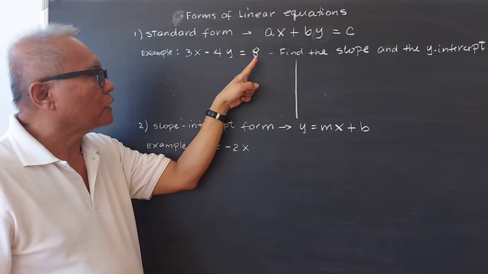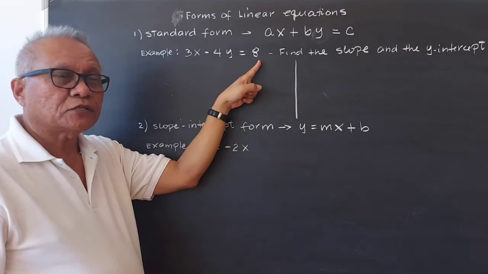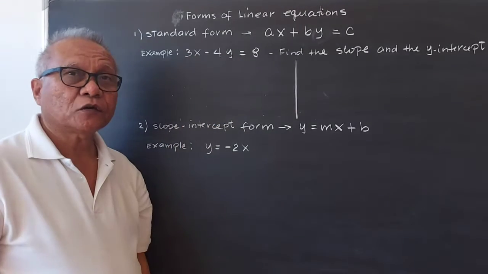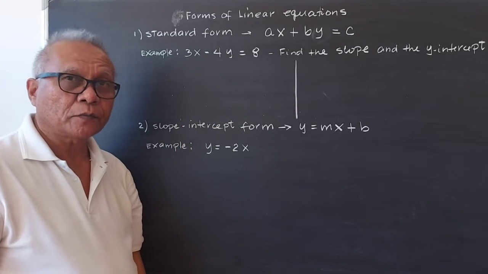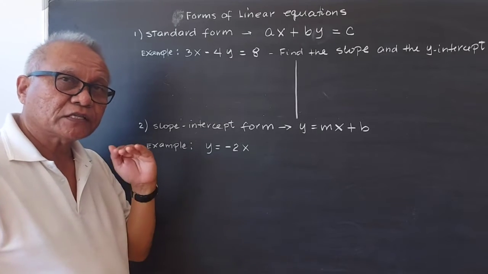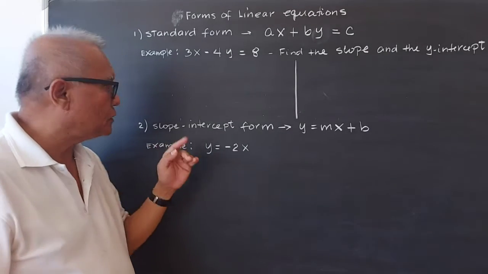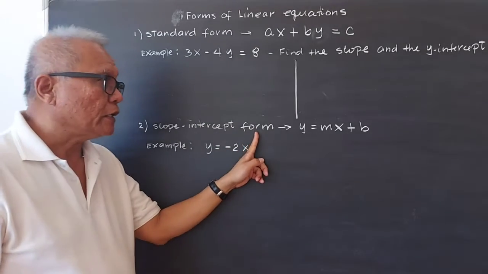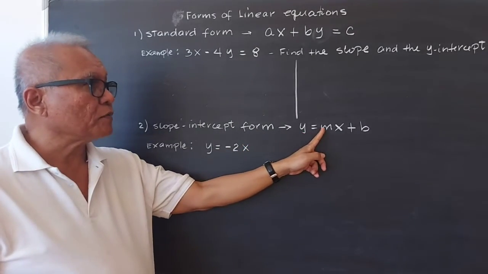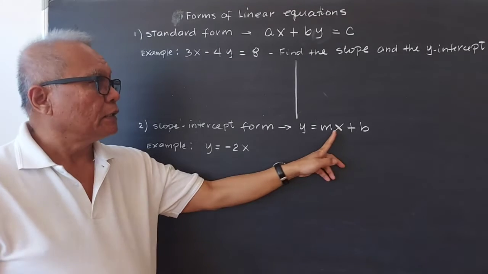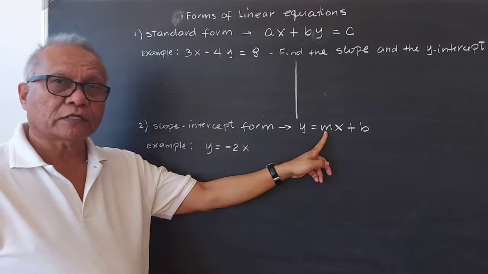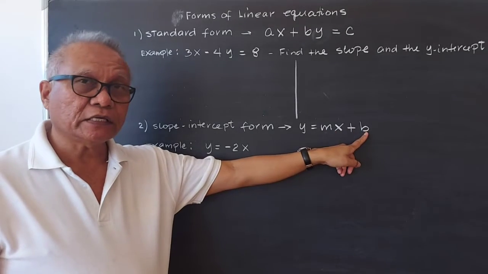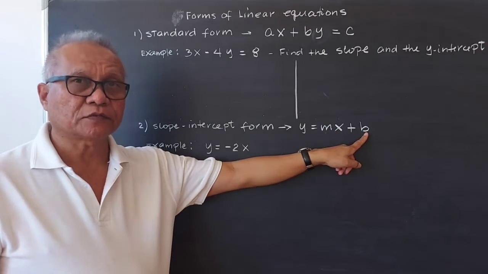In this form, class, it is not useful. So when you have your linear equation in standard form, it's better to convert it into slope-intercept form, in which we have y is equal to mx plus b. The numerical coefficient of x, which is the m, is the slope, and that b is the y-intercept.